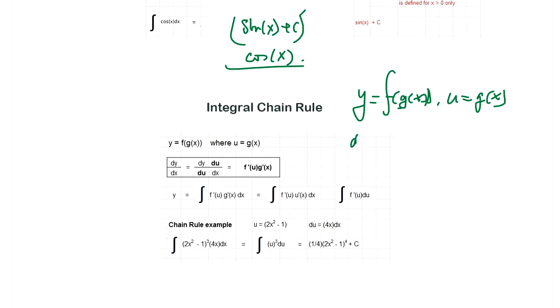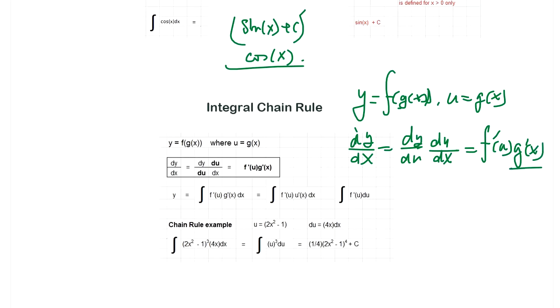Mathematically, we write dy/dx equals, we take the integral with respect to u, and we take the derivative of u with respect to x. So the integral of both functions will be the derivative.